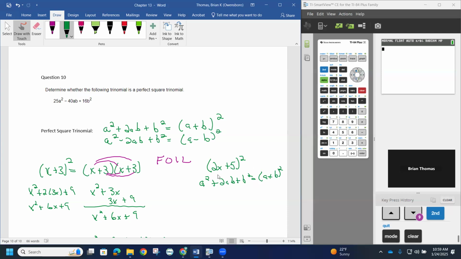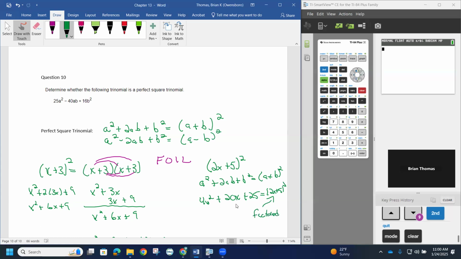So what we can do then to get the answer is use this formula where a is the 2x. So if we just go 2x times 2x, that's 4x squared. And then to get the middle term, you got to go 2ab. In other words, 5 times 2x is 10x, and you have to double it. That'd be 20x. And then you have to square the 5, which is going to give me 25. So that's the same thing as (2x plus 5) squared. But notice over here, this is actually the factored form.